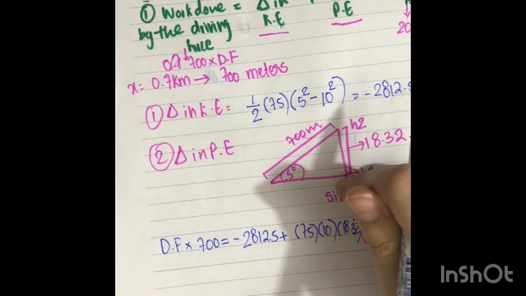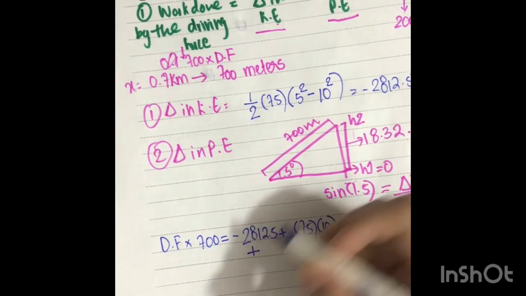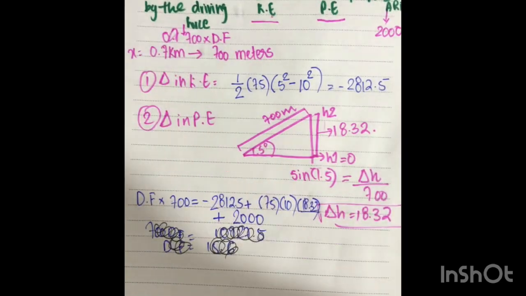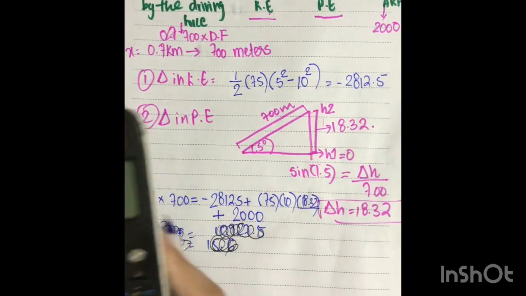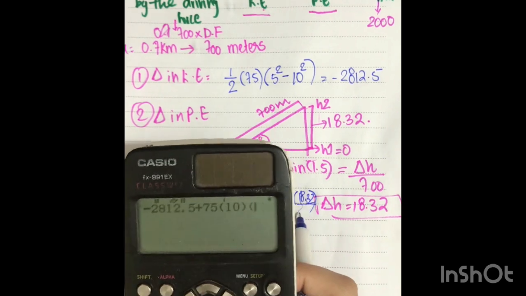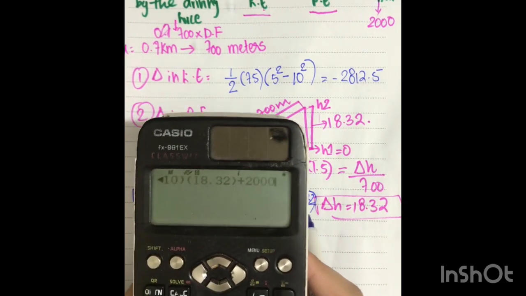Because there is an increase in height, this will be positive, plus the work done against the resistive force, which is 2000. So this side is equal to negative 2812.5 plus 75 times 10 times 18.32 plus 2000.